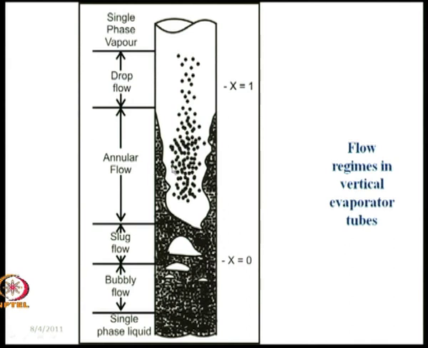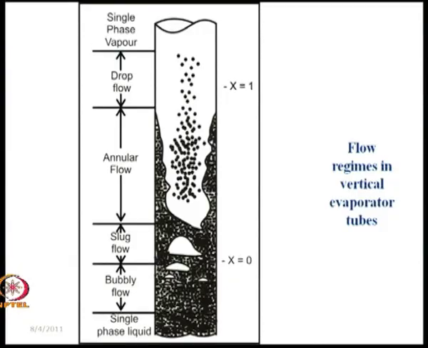Remember one thing, in this particular case the liquid film gets depleted by two mechanisms. What are the two mechanisms? Firstly, some amount of the liquid gets vaporized into the vapor phase, and secondly there is a liquid vapor shear, therefore, some amount of the liquid gets entrained in the vapor phase.